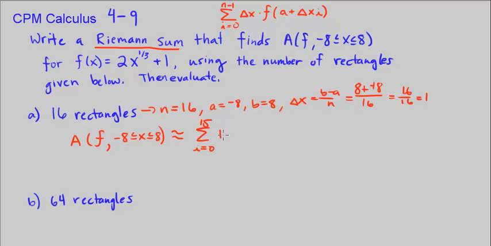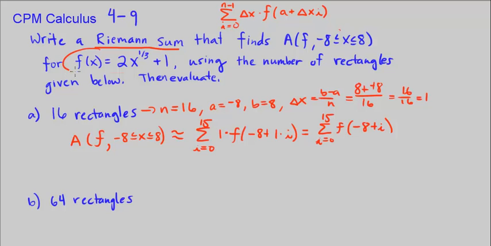Delta x we just calculated is 1, times our function f starting at a, which is -8, plus delta x, which is again 1, times i. That's the same thing as i equals 0 to 15. 1 times anything is just that something, so it's f of -8 plus i.